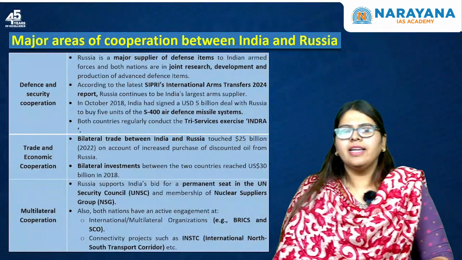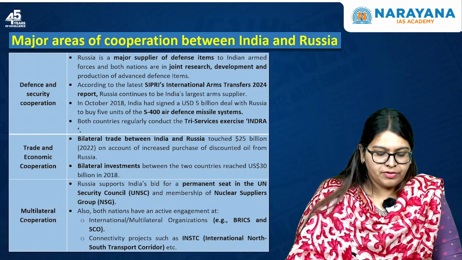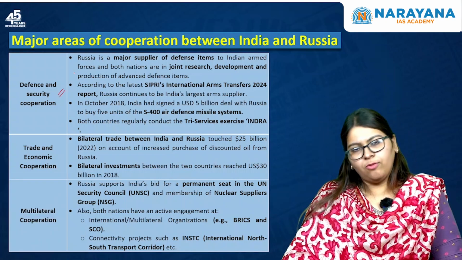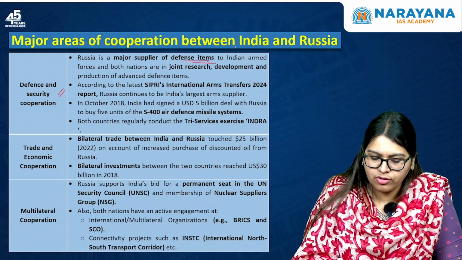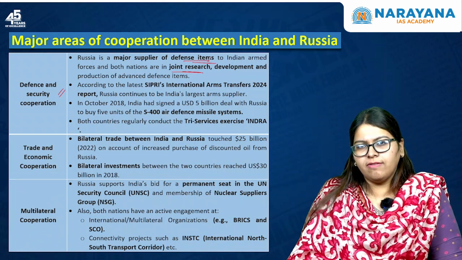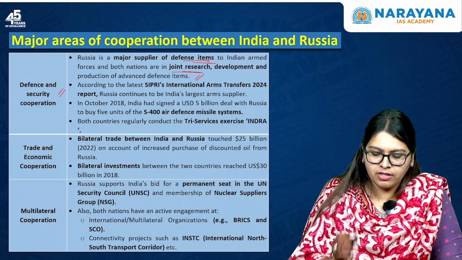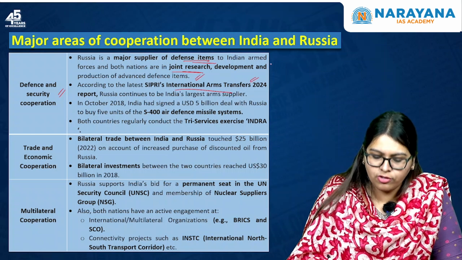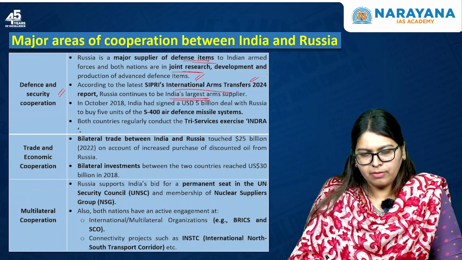Now, moving forward, let us see what the major areas of cooperation between the two nations are. The first one is defense and security cooperation. As we know, Russia is a major supplier of defense items to the Indian armed forces, and both nations are engaged in joint research and development as well as in the production of advanced defense items. As per the SIPRI International Arms Transfers 2024 report, Russia continues to be India's largest arms supplier.